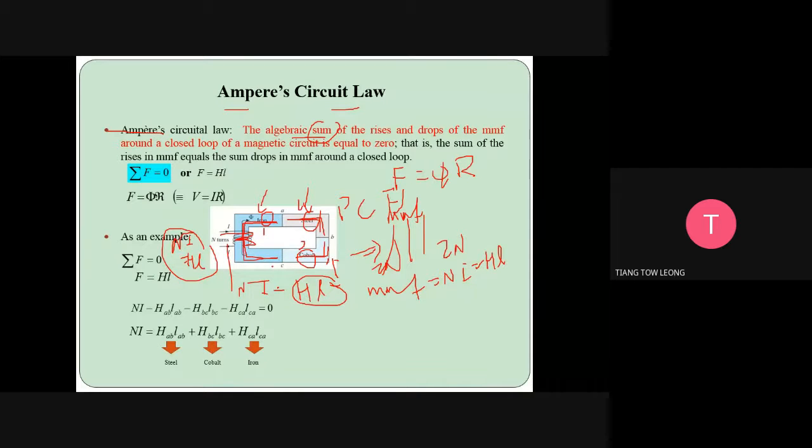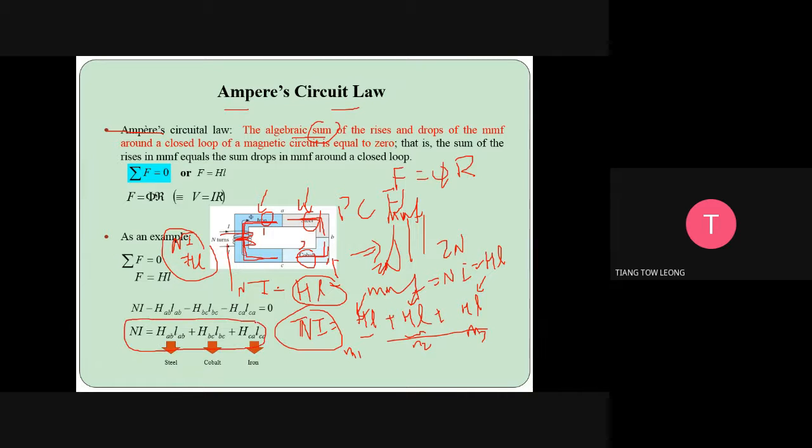Different materials. So our Ni should be HL plus HL plus HL, which is for material 1, material 2, material 3. This one is for iron, this one for steel, this one for cobalt. Added together, it should be the same as the source of the energy. So if we rewrite like this, this one is steel, cobalt, iron.